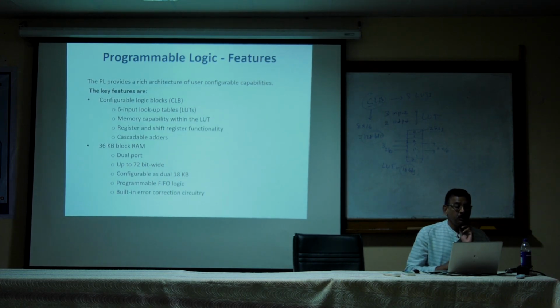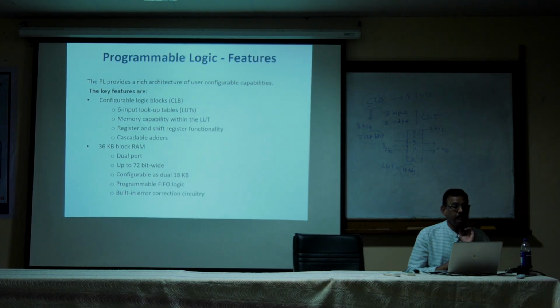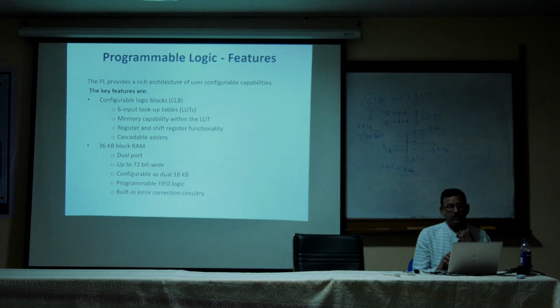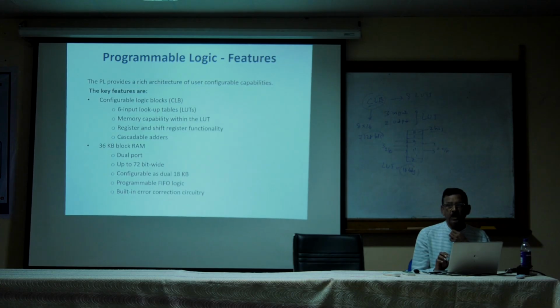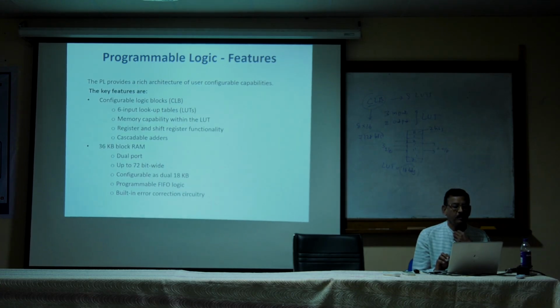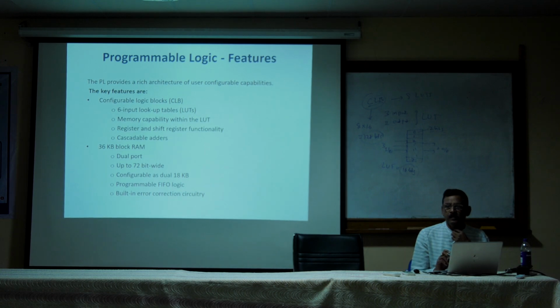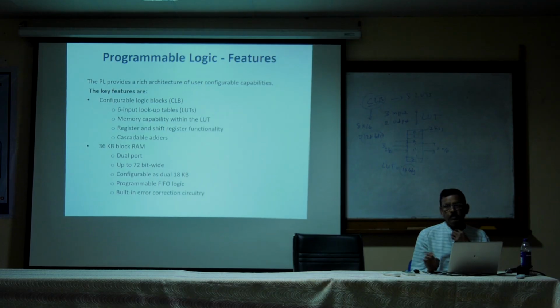So, the configurable logic block, the PL side, has 6-input lookup tables. That is why in the morning we discussed lookup table size. All these FPGAs have 6-input LUTs, with memory capability within the LUT. If you want to convert a LUT into memory, it is possible.